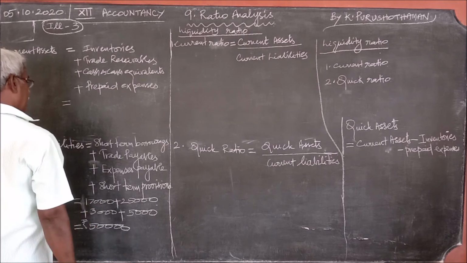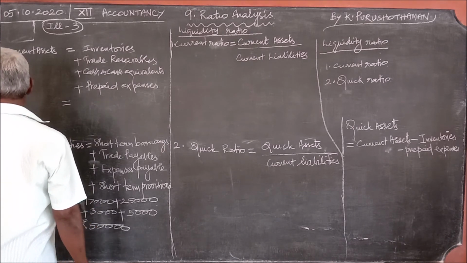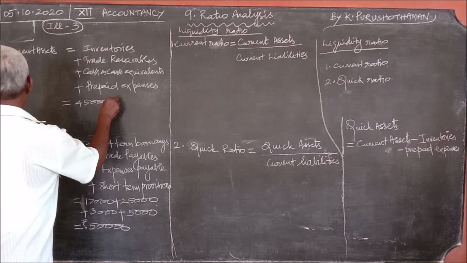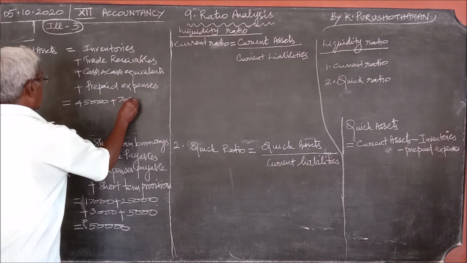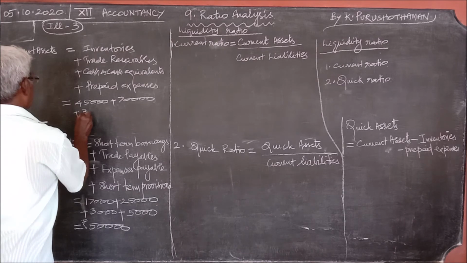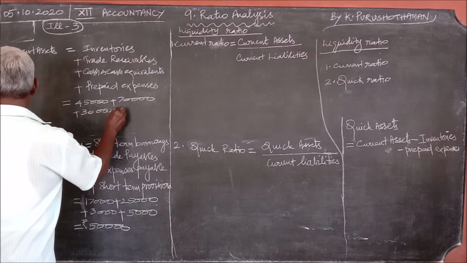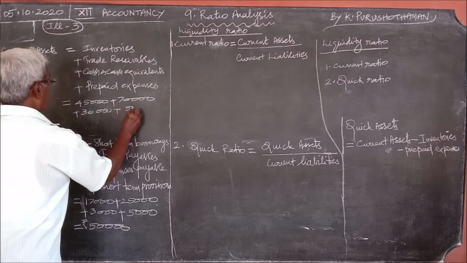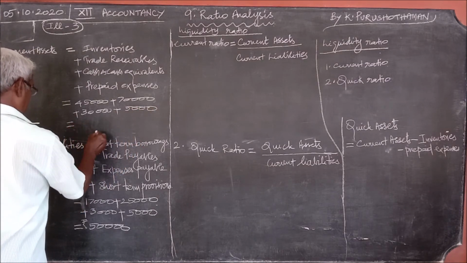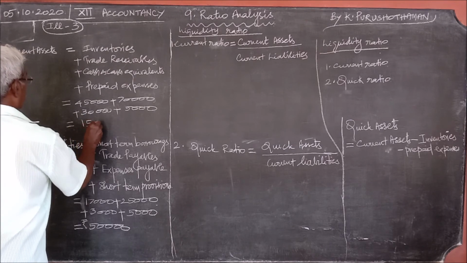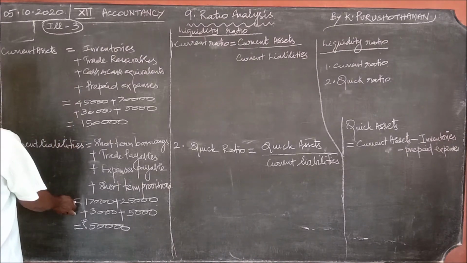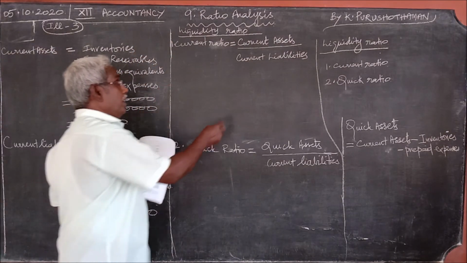So, what are the amounts given for the current assets? 45,000 plus 70,000 plus 30,000 plus 5,000. This is 1,50,000. So with these current assets and current liabilities, we can find the current ratio.